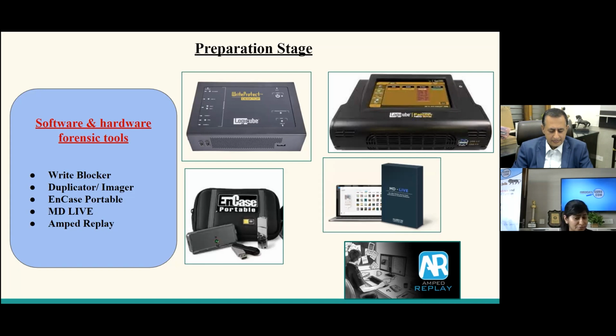And what is the importance of doing this? Suppose any first responder visits a crime scene or incident location and finds hundreds of hard disks over there, and the case is related to child pornography. Then it will be a big task for the investigator to analyze each and every hard disk one by one.